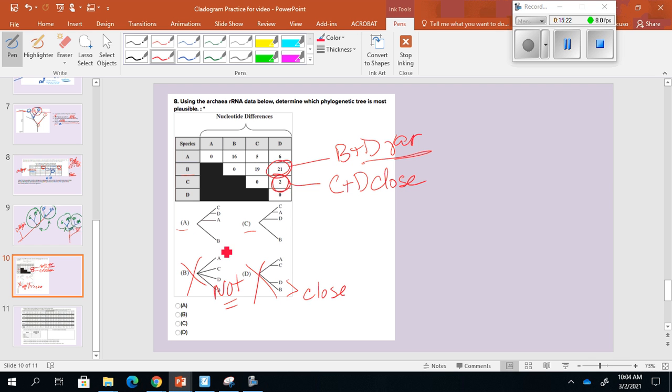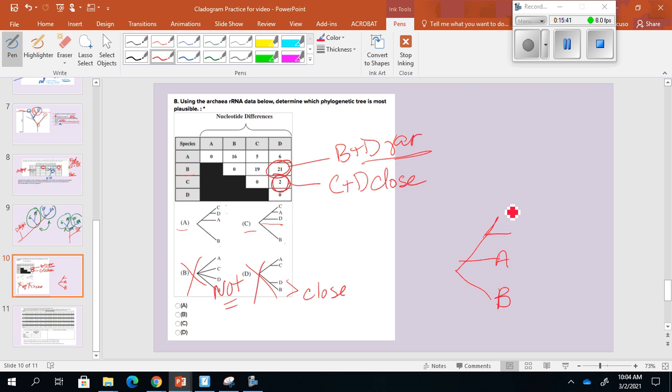All right, so B and D are far. Oh, look, this one's got D here. Okay, so remember C and D, they can flip flop. So anytime you have a branch, let me just redraw this. So B is down here, A is separated.